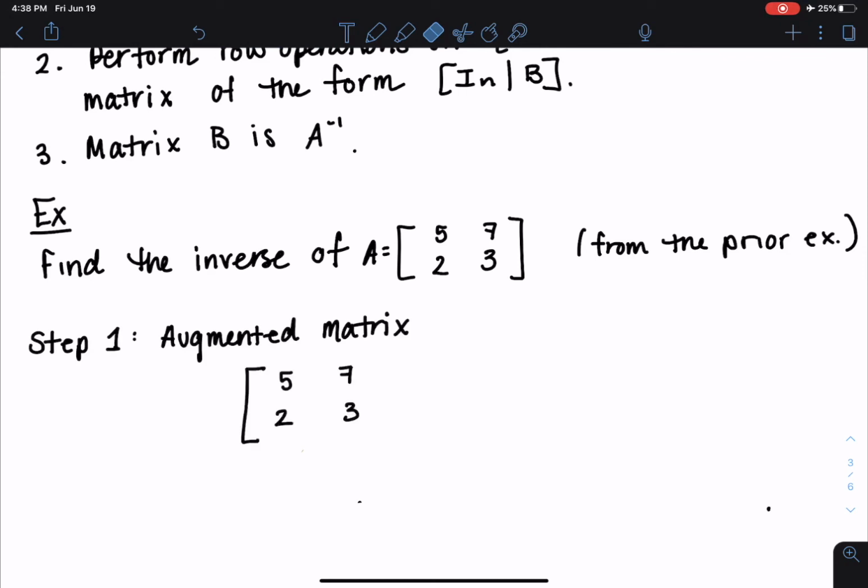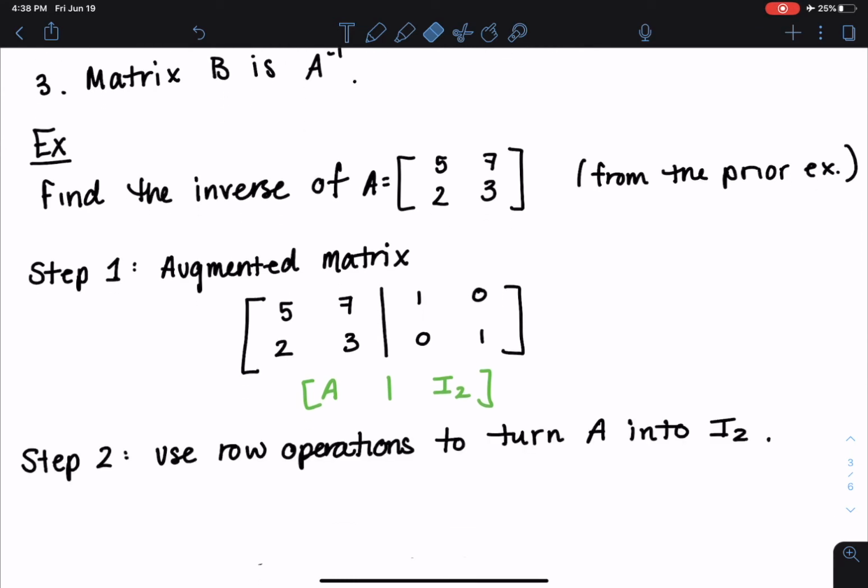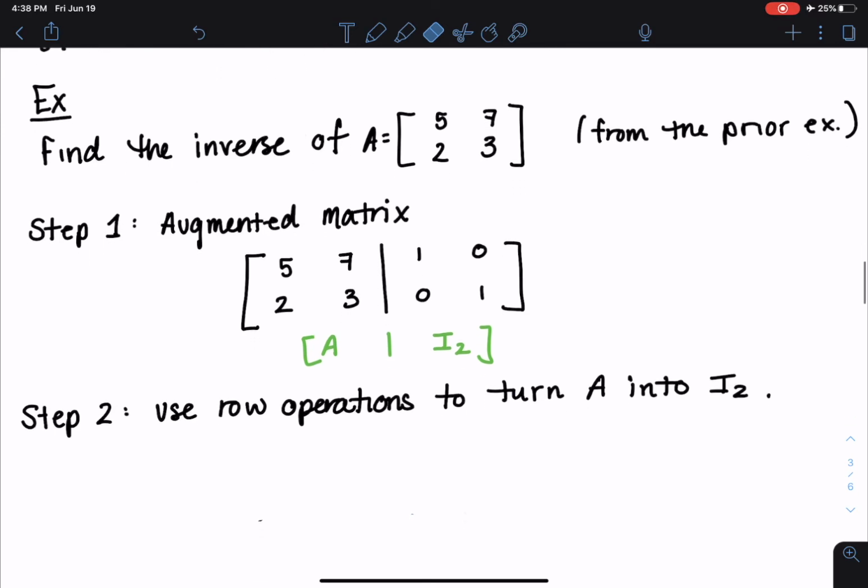So I want to put A itself on one side, a bar, and then the identity on the other. So we're forming this augmented matrix. Now I want to use row operations to turn my matrix A into the identity. We're going to do this just like we solved the system of equations with the Gauss-Jordan method, to turn that thing into the identity.